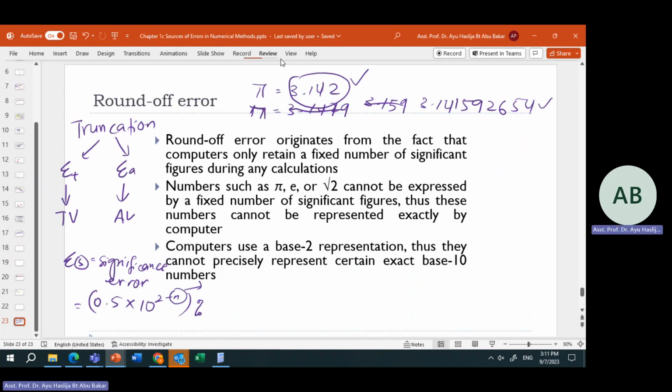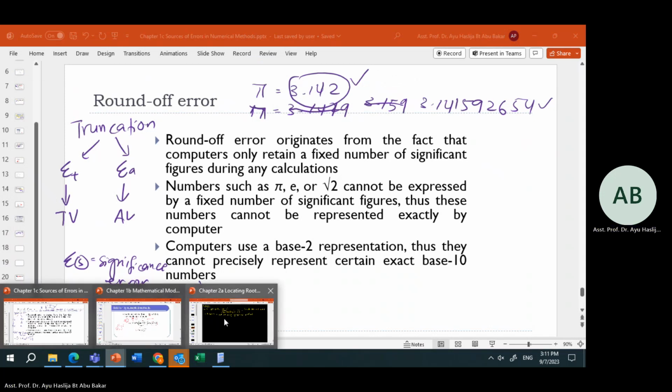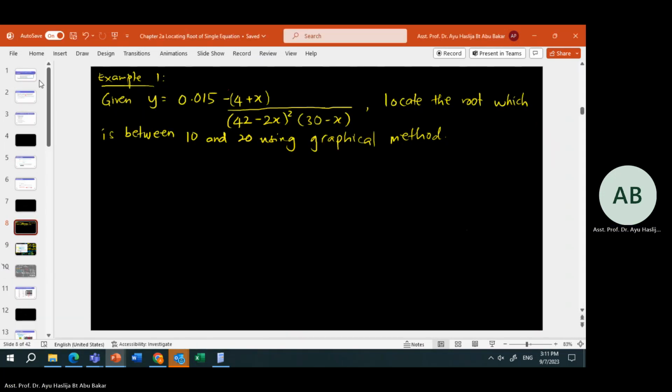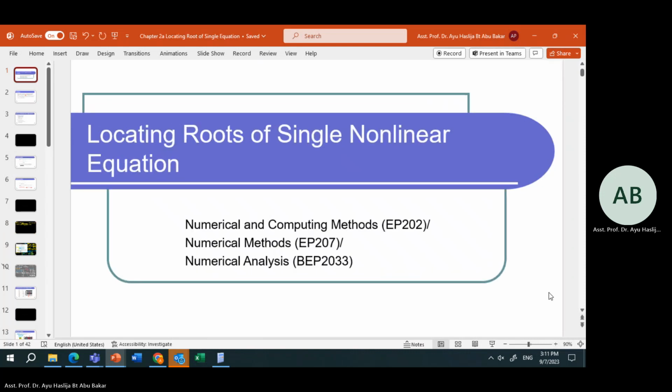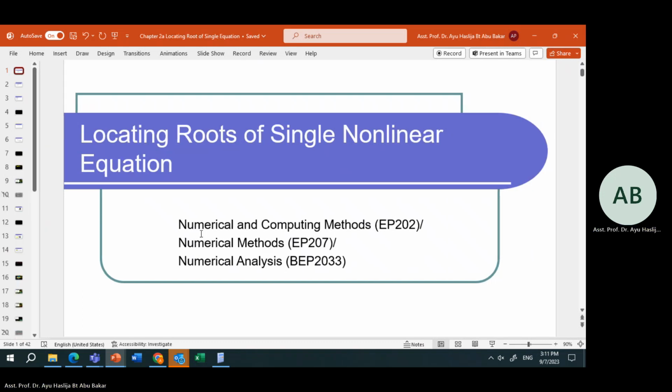Okay, now I move forward to chapter 2, locating roots. First of all, you need to know what is meant by the word roots.